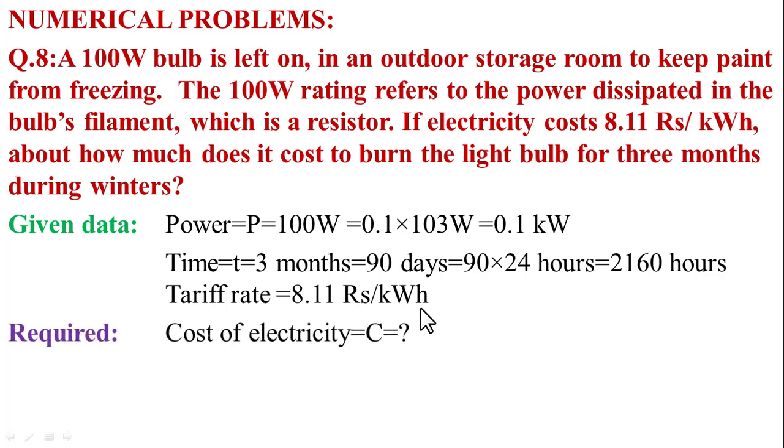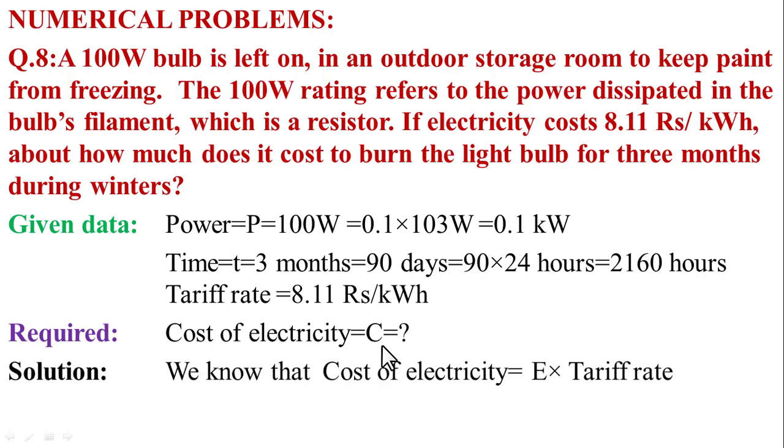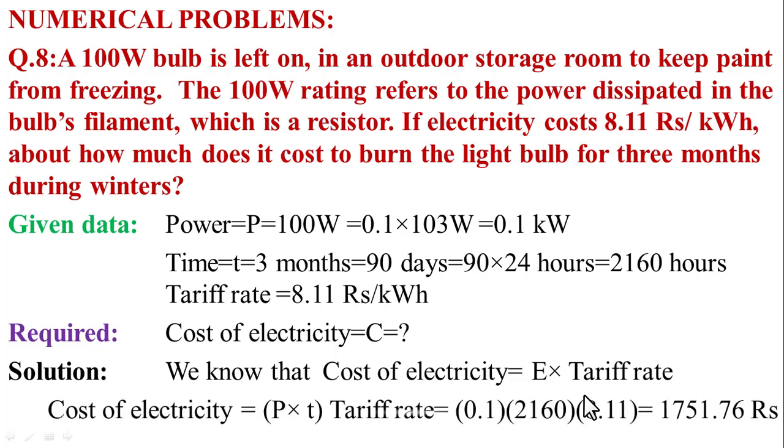So we can find the cost of electricity C. For the solution, cost of electricity is energy multiplied by tariff rate. Here E is the energy, that is equal to power multiplied by time.